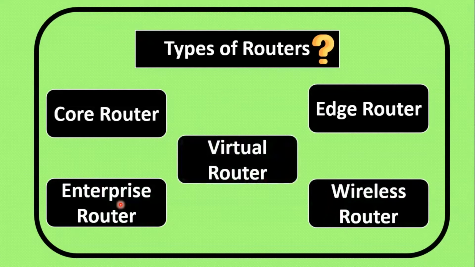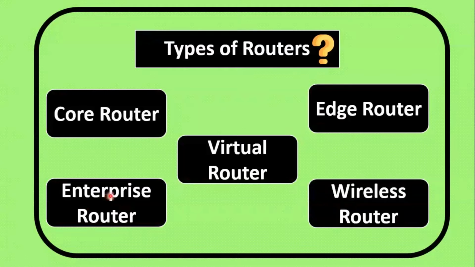So here we will see what a core router is. A core router is a high capacity router that's designed to operate in the internet backbone. Generally, it is used in ISPs. An edge router is used in an enterprise company at the edge of the devices. Let's say we have any WAN connectivity, like a branch office, we can use this edge router.